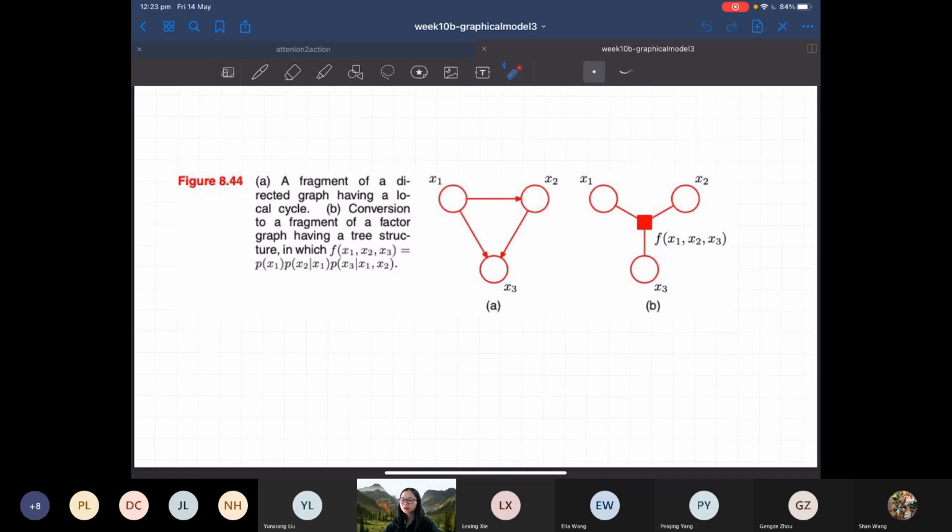That is to say, we can use factor graphs to get rid of a circle, by just connecting the factor to all the nodes in the clique. I can see Noel just asked whether it's worth forming a circle as well.